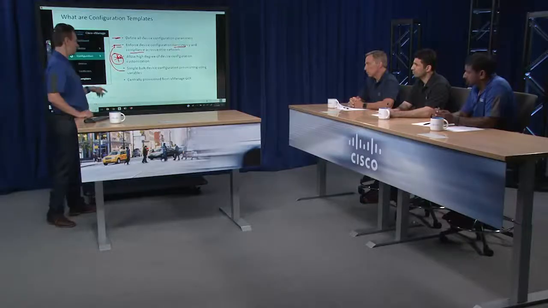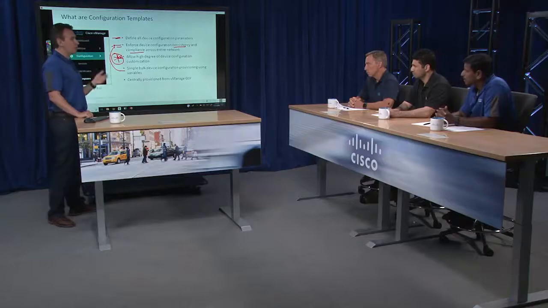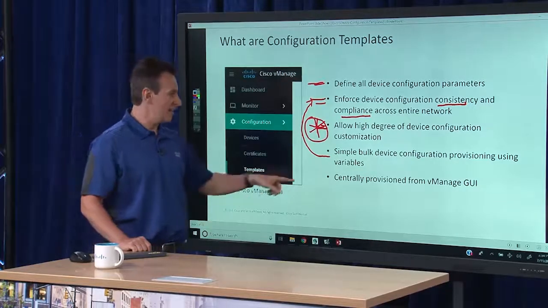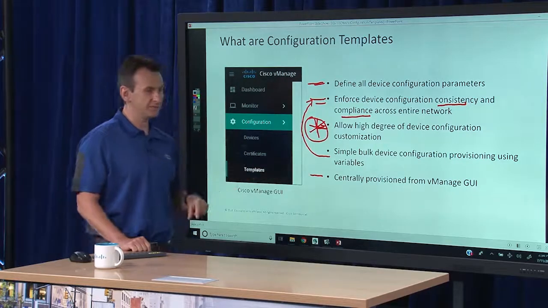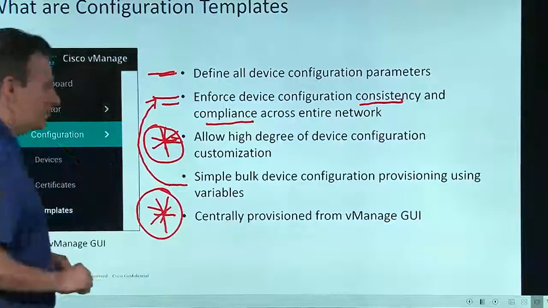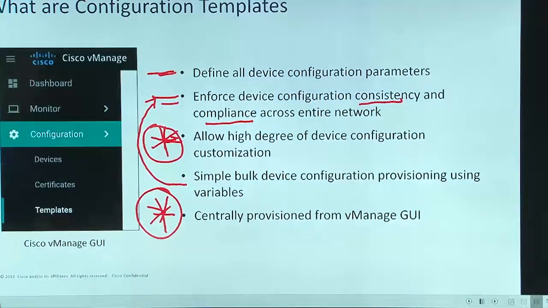So it's very important. And another very important operational element, just like you, Tom, mentioned in the very beginning, is the provisioning piece of it. Another important item is the centrally provisioned configuration templates from the vManage graphical user interface.